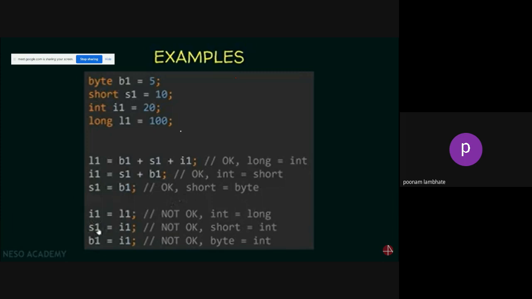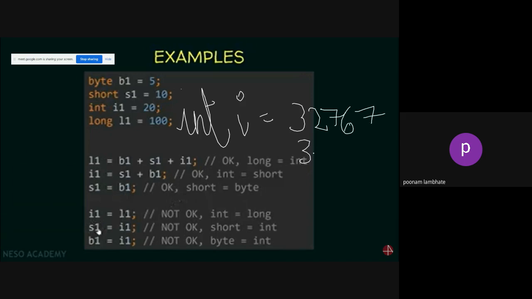Yes, it will show an error, since the range is exceeding. So what happens usually when you're adding two numbers which are integers? Suppose we take the maximum 32767, and you're adding 32767 with 32767.